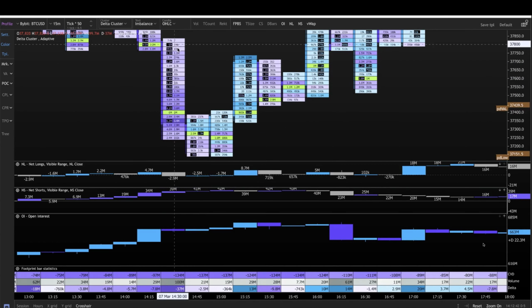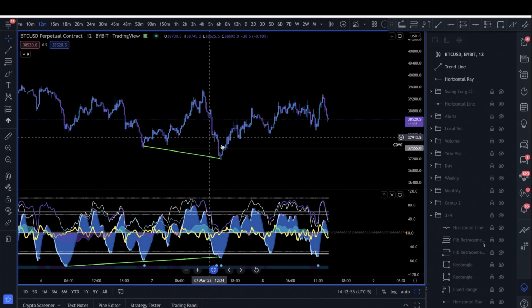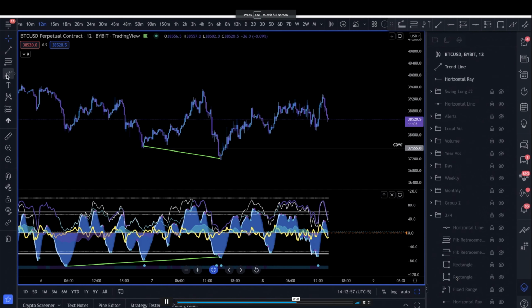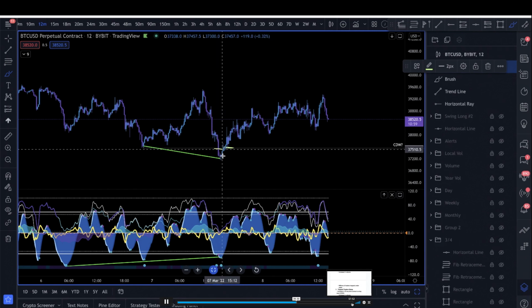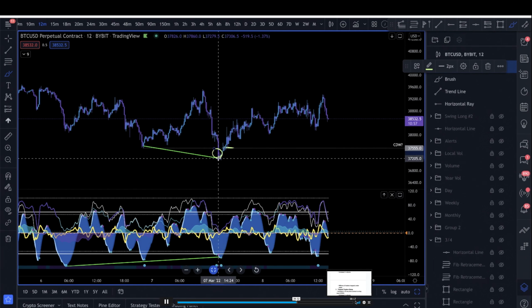Which means if we come back up above this candle to about 37.7, 60 million shorts will be in the red. Coming back to the Bitcoin chart now, that means that if we come back above this level right here, which we did, the 60 million shorts that are right here will be trapped.